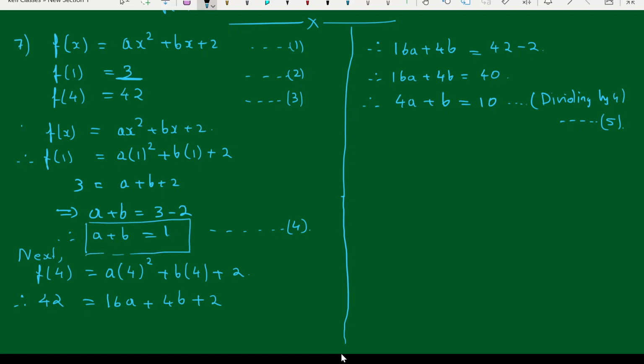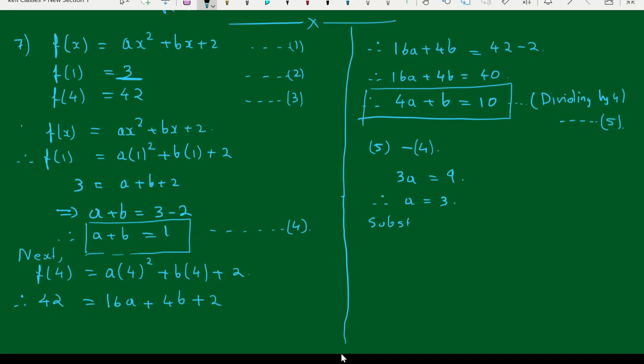Okay. And the other equation is this one. So solve them and get the values of a and b. Easiest way to solve them would be 5 minus 4. So you get 4a minus a, which is 3a, is equal to 9. And therefore a is equal to 3.